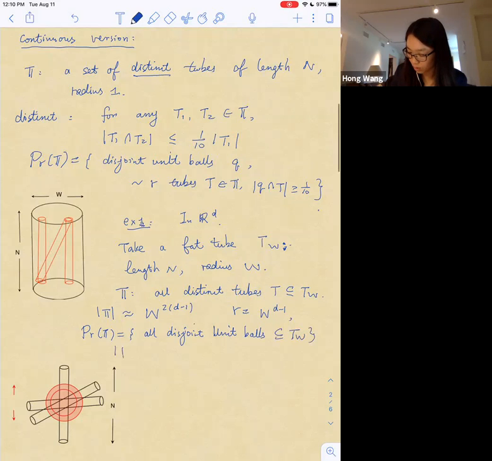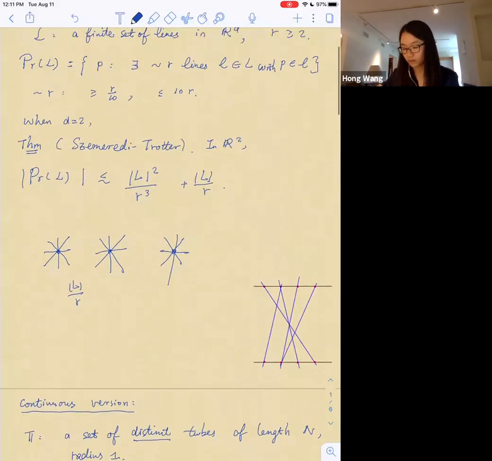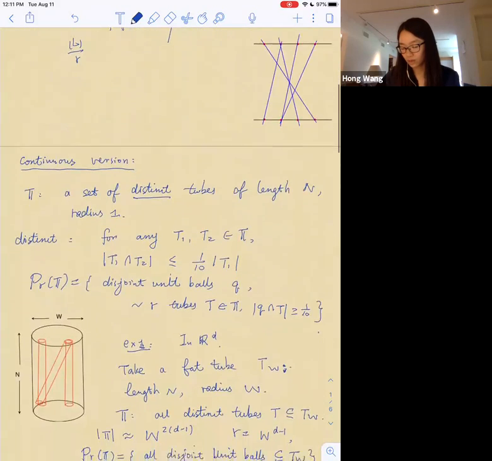So now the number of R-rich unit balls is roughly W to the d minus 1 times N. So one can see that when W is very small compared to N, say N to the 1/100, then the number of R-rich unit balls is very large compared to the number of tubes. So in particular, it says that the above Szemerédi-Trotter bound does not hold for this example in the continuous case.